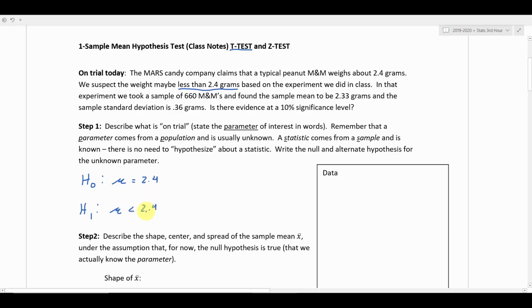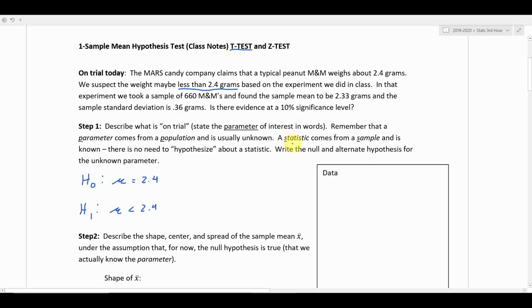There was some confusion, I think, last week with what was a parameter and what was a statistic, and this was something that we talked about at the beginning of the semester. The parameter comes from a population, and it's usually unknown. There's an assumption about it that's usually made, usually by a company or some kind of agency. They say, hey, we assume the population mean to be this number.